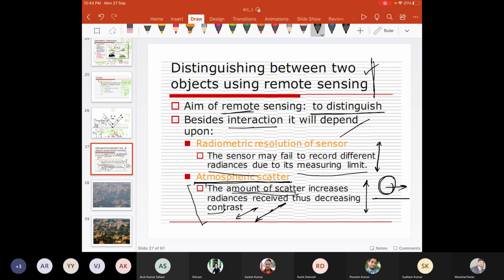What we talk about is that the amount of scatter increases the radiance received, thus decreasing the contrast. This we need to discuss. First, we need to see why, if the amount of scatter increases, the radiance received at the sensor increases. And if this radiance is increased, why does the contrast decrease?